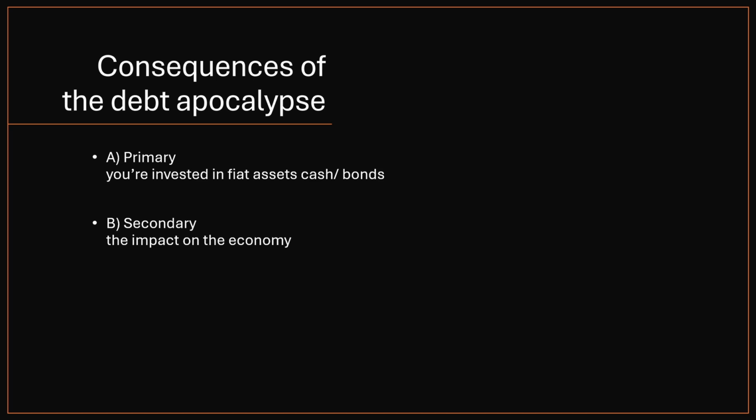So what are the consequences of this? The first is the primary. If you're invested in fiat money, fiat bonds, through either debasement, default, or hyperinflation, you have an issue. Consequence B is secondary. Even if you don't own any fiat, fiat is so ubiquitous in these economies that it's going to have an impact on economic activity and destroy economies.